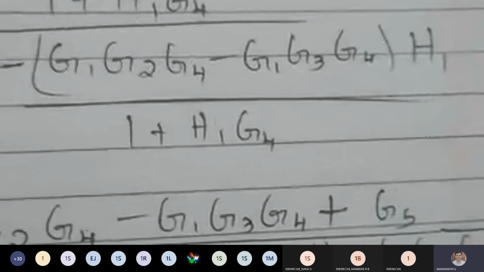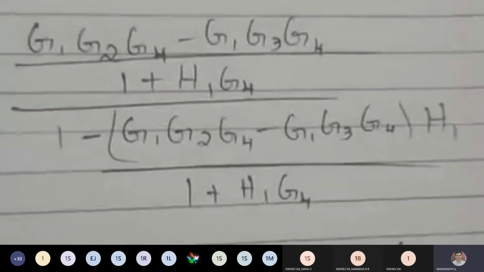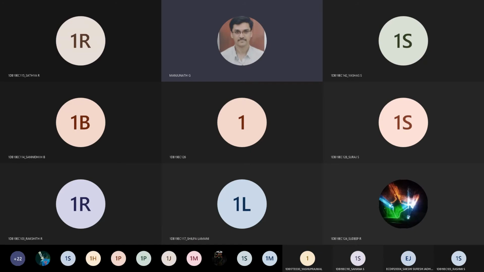Okay, fine. Okay, good. Anybody else done? Yeah, Sakshi. So others, have you got the same answer? What your friend showed just now? Focus on the paper properly, Sakshi.